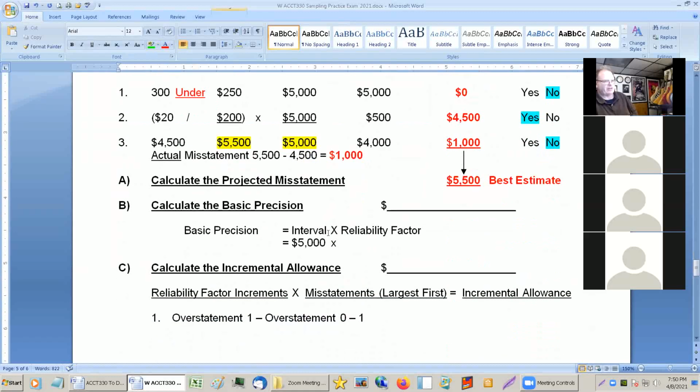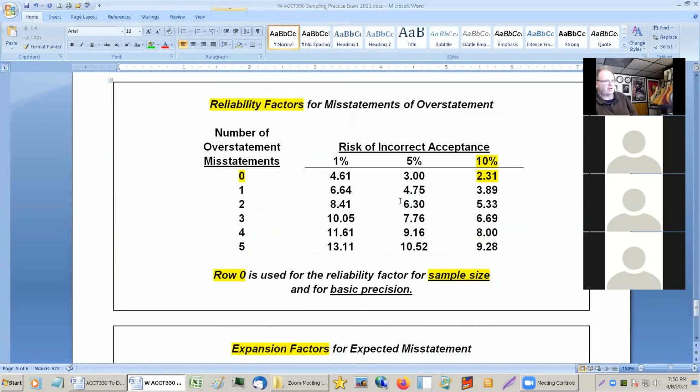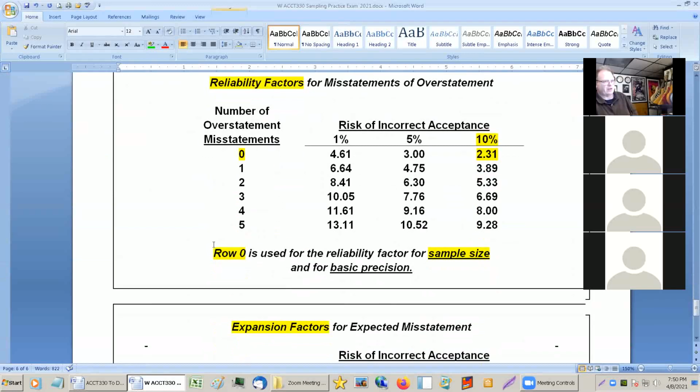So we need a reliability factor at 10% down here. Row 0 is used for basic precision. We're doing basic precision, so we use the 0 row.